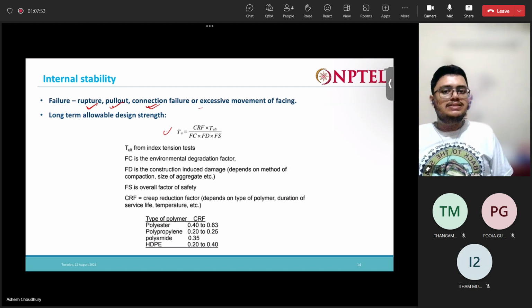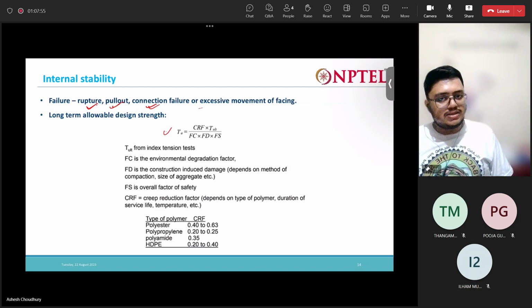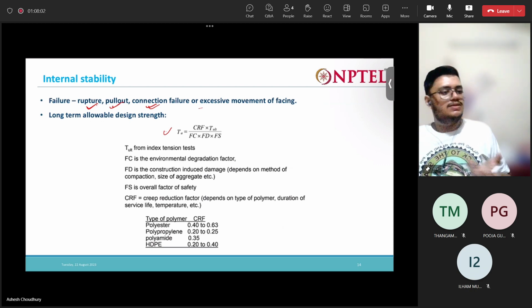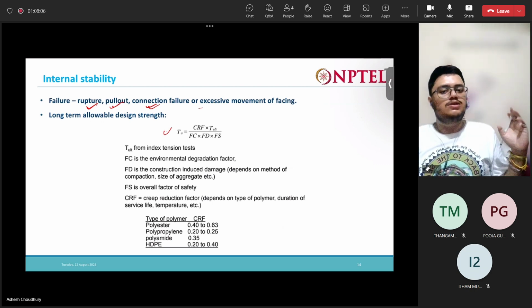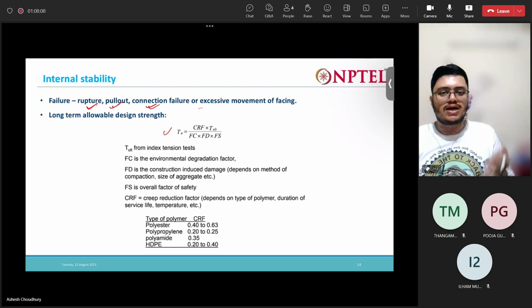Now, this ultimate tensile test that you have just done, that is under optimum lab conditions, right? You got some sample from the factory, and in a safe, closed, controlled environment, you are doing the test, right?